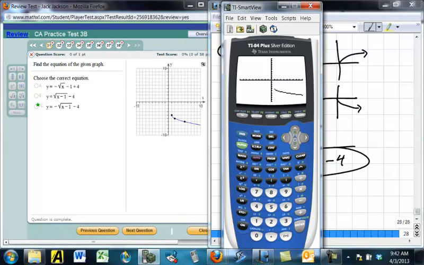They've got a few identified for us there, so if we do trace and see what happens when you plug in 1, that gives us 1, negative 4. You can check that out. And if you trace it again for 2, for example, 2, negative 5, that seems to work there. And another good one to trace would be at 5, 5, negative 6. Okay, looks like we're in good shape there.